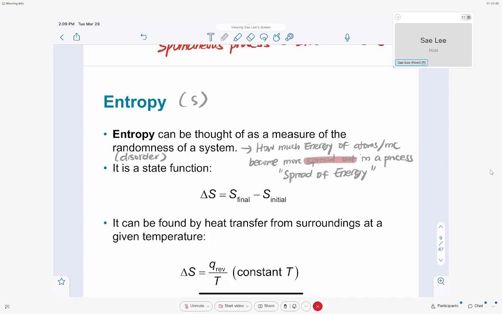So low entropy is when energy is concentrated. High entropy is when energy is spread out.